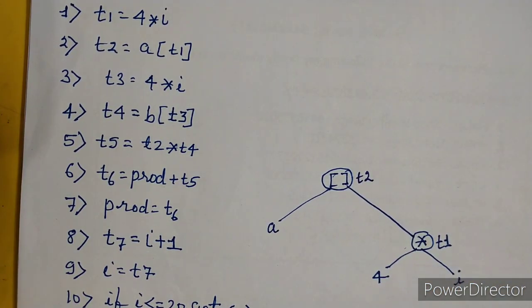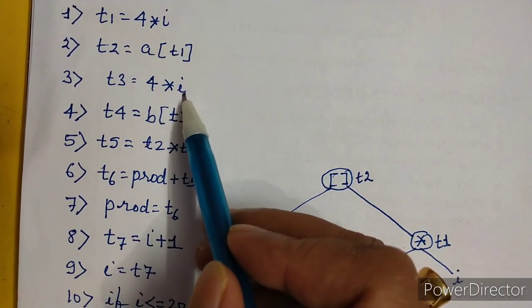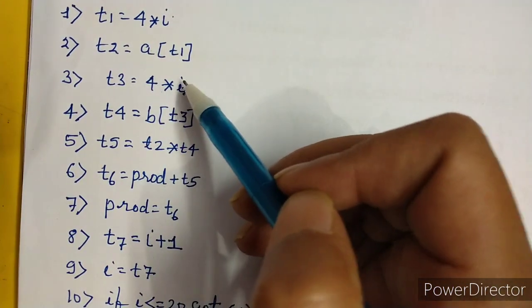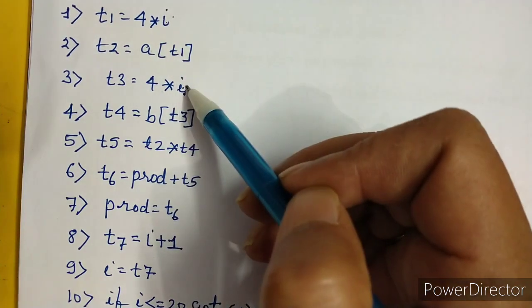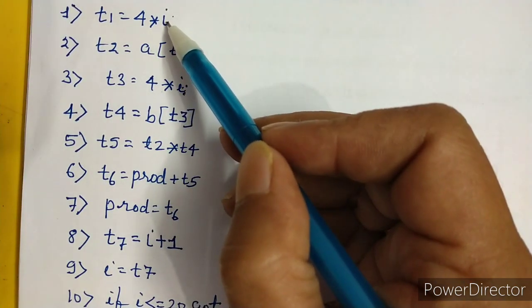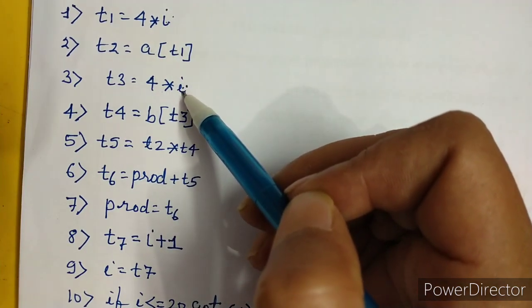Now consider the third statement, T3 is equal to 4 into I. We have already constructed 4 into I, and this I and that I are the same because there is no change in the value of I from this I to this I. Whatever the value of I is here, the same value of I is used here.